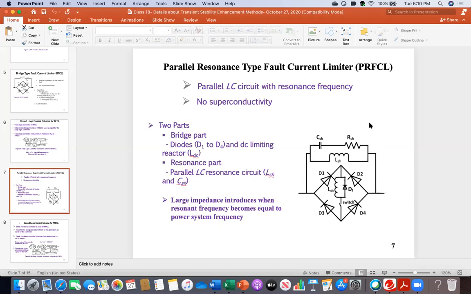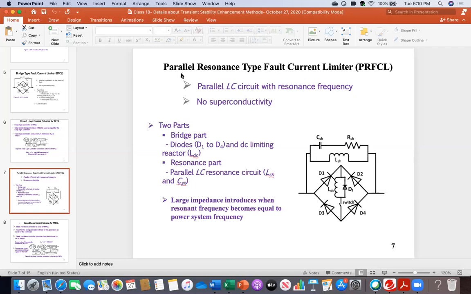You know series resonance and parallel resonance. In case of series resonance, when XL equals XC in a series circuit, the inductive reactance and capacitive reactance cancel. In the circuit, impedance becomes very low, and the current becomes very high.